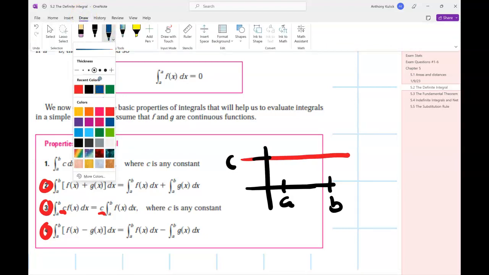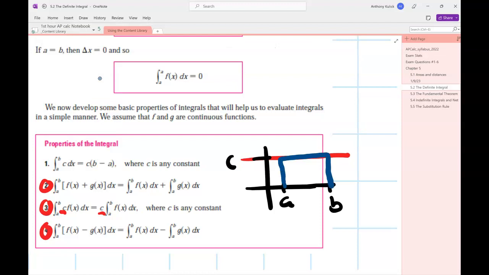If we're integrating from a to b of that constant function, the base for that is b minus a, and the height of that is c. So that rectangle is c times b minus a. So just a purely geometric explanation on that one.